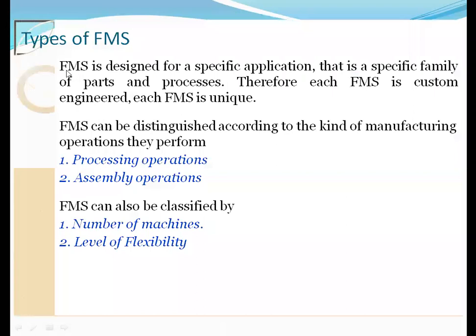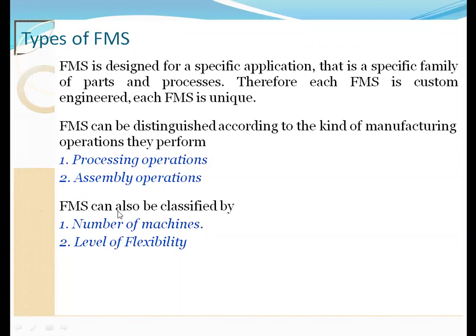Next is the types of FMS. There are different types of FMSs, and the classification will be like this. First one is processing operation and second one is assembly operation.